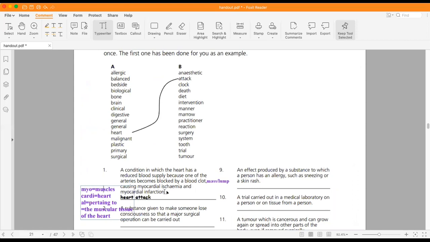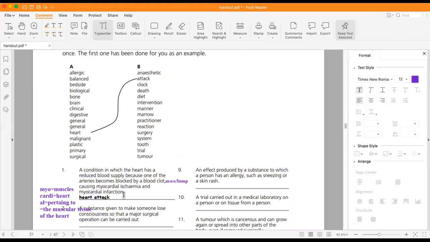All right. A condition in which the heart has reduced blood supply because one of the arteries becomes blocked by a blood clot, which means mass or lump, causing a myocardial ischemia. What is the meaning of ischemia?